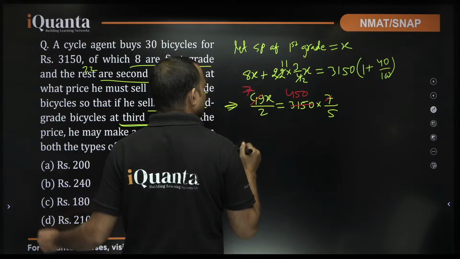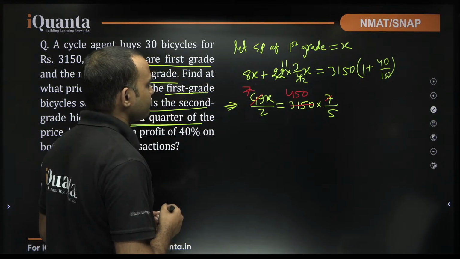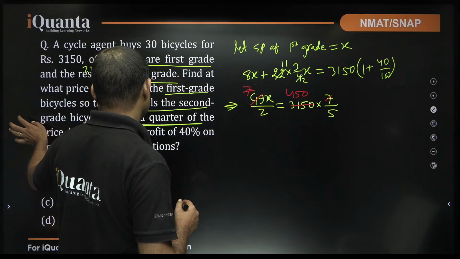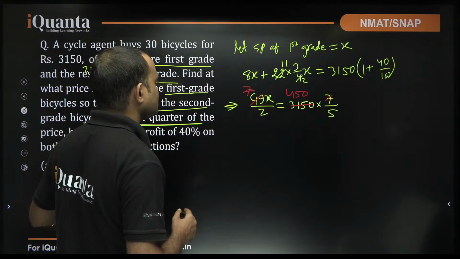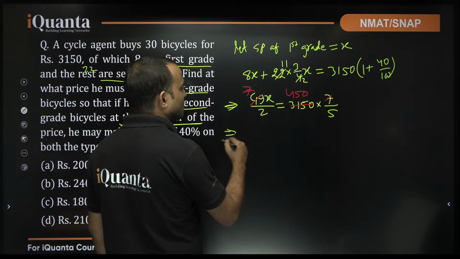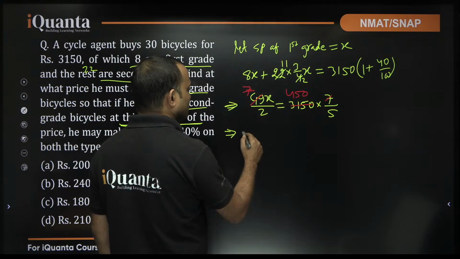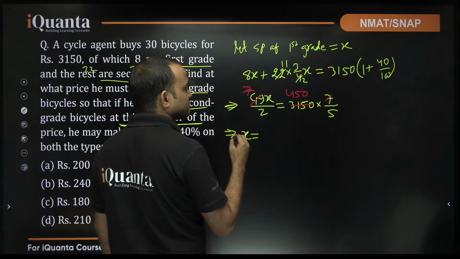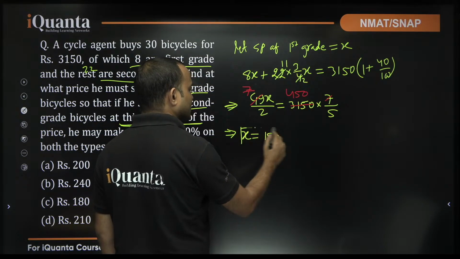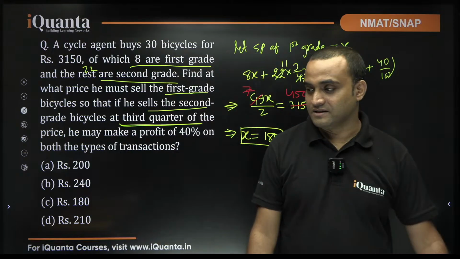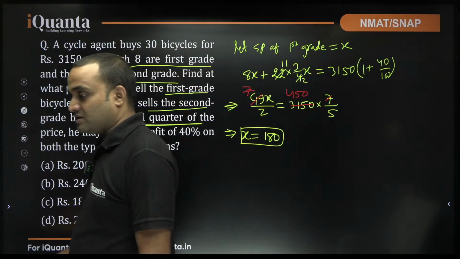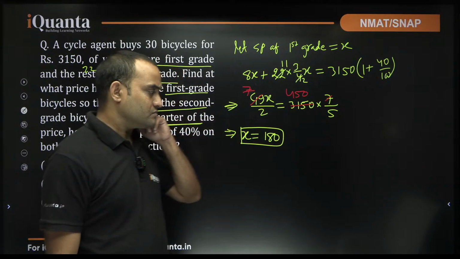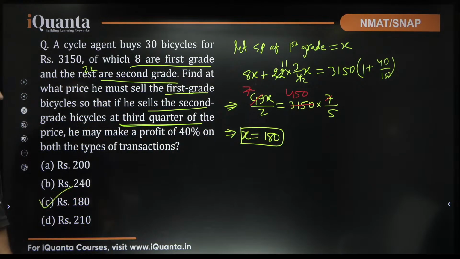So 2 into 5 will be 10, 7 by 5. So question क्या है? Both 49 by 2 or x will be equal to 5 into 900 बटा 5, 180, right? x will be equal to 180. ठीक है, 5 कटेगा. हाँ ठीक है, ठीक है. So answer is option C.